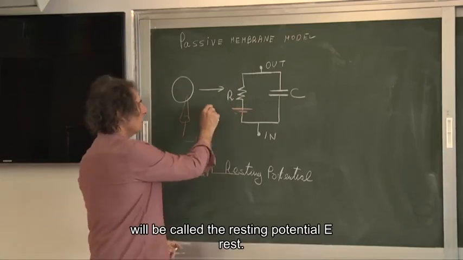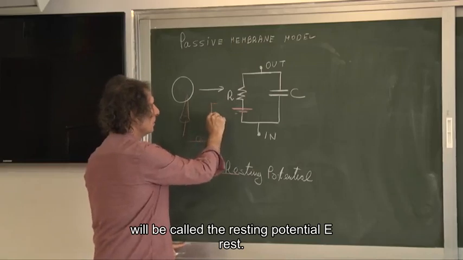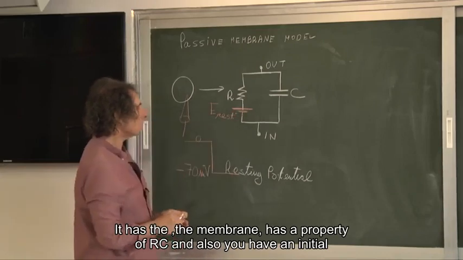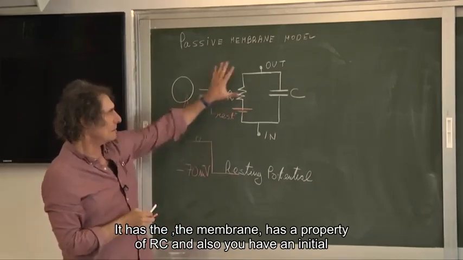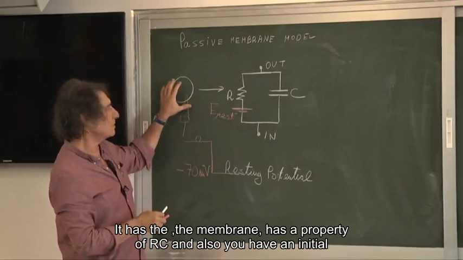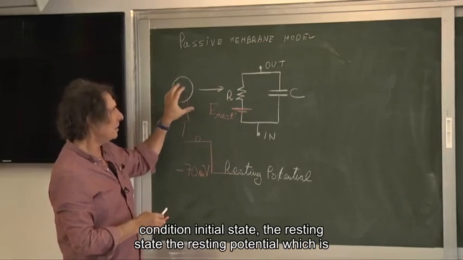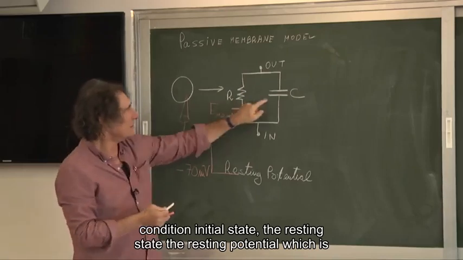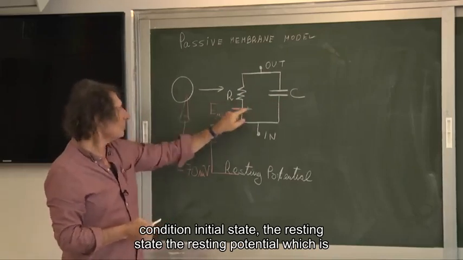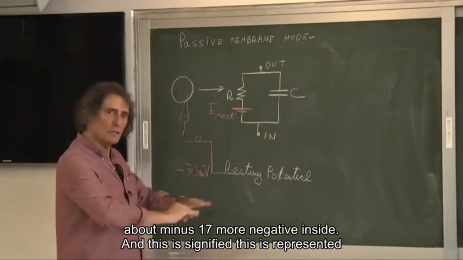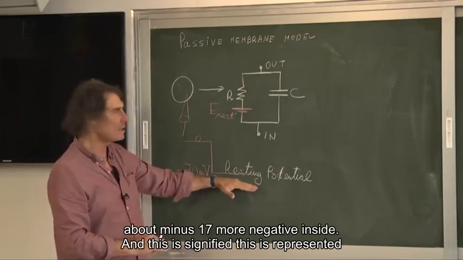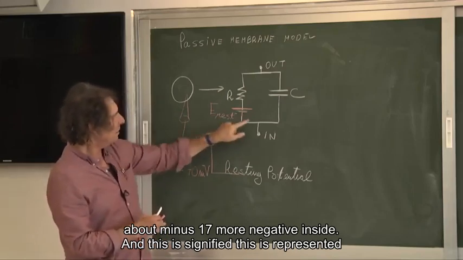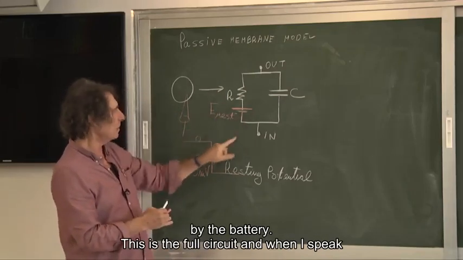And this will be called the resting potential, E rest. So this is the full, complete circuit of this cell. The membrane has a property of RC, and also you have an initial state, the resting potential, which is about minus 70, more negative inside, and this is represented by the battery.